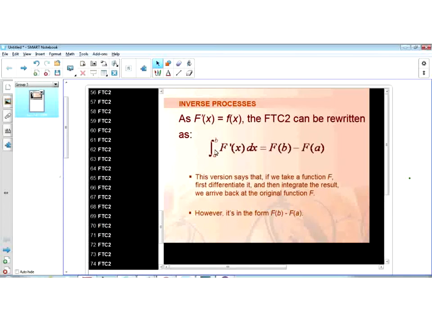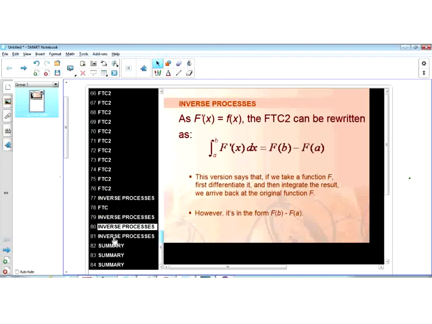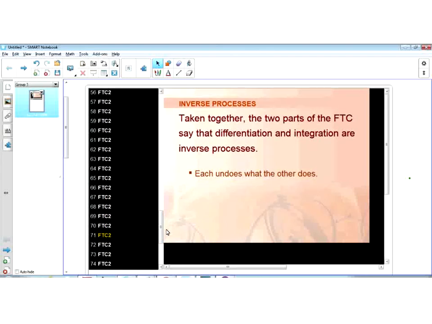If we evaluate the definite integral of the derivative of the antiderivative, that turns out to be the antiderivative evaluated at b minus the antiderivative evaluated at a. Take a function, differentiate it, and then integrate the result, and we arrive back at the original function. So they're inverse processes.